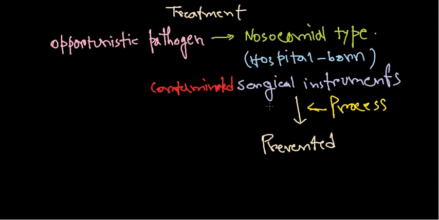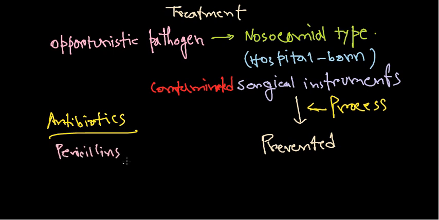Otherwise, if there is an infection onset, in those cases we always have antibiotics to treat it, right? Among the antibiotics, we have beta-lactams or penicillins. You can use penicillin, beta-lactams to treat it.